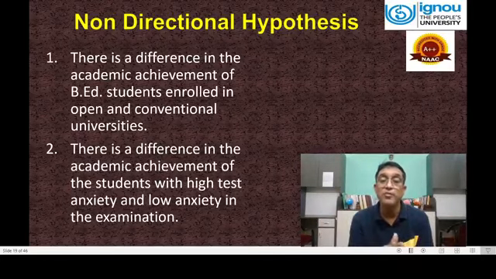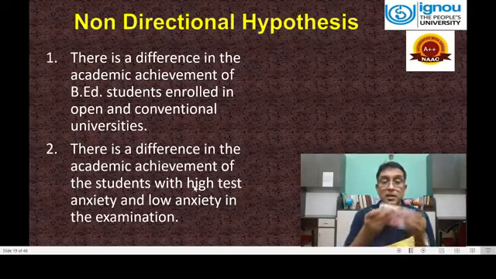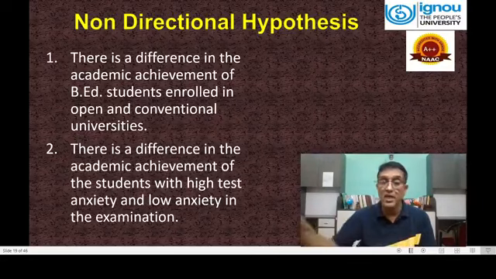So what type of difference? That is not clearly mentioned here. That's why we can say that it is a non-directional hypothesis. Further, consider the second example. There is a difference in the academic achievement of students with high test anxiety and low test anxiety in the examination. You try to understand.